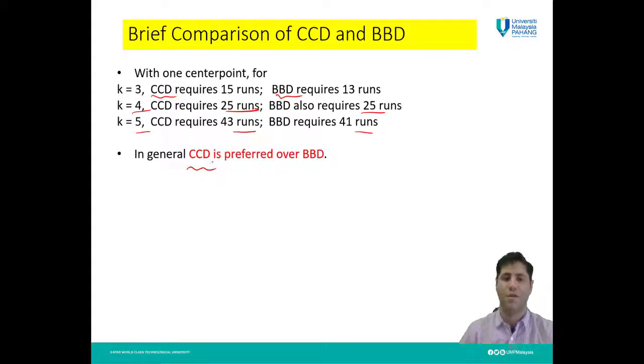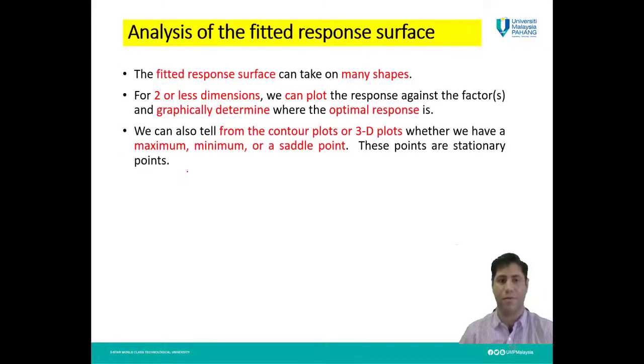So usually we use CCD, and maybe otherwise we have a problem with the CCD like what I have discussed. If we have some limitation in the levels of the factors in the experiments, we may also go for BBD. So our first option is CCD. If we cannot use that, then we can check BBD as well.